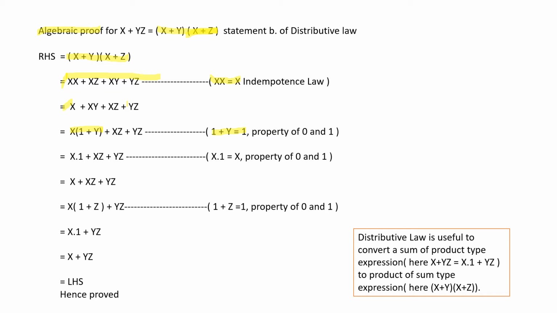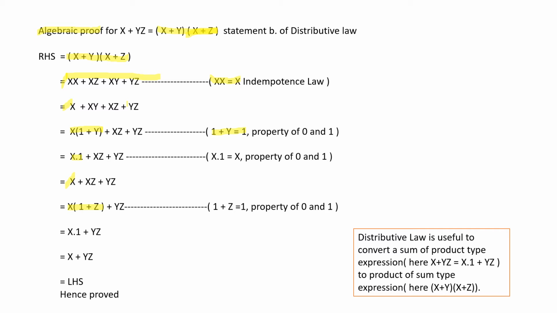After this replacement, we get the expression x OR x AND z, OR y AND z. Again this goes through simplification by taking x out as a common variable, and inside the braces we get 1 OR z, followed by the rest of the expression as the same.